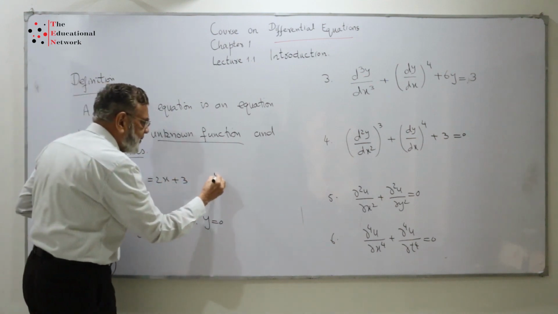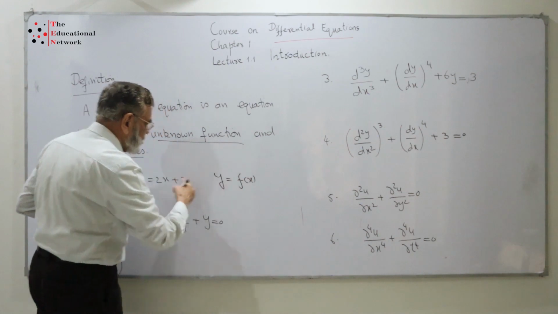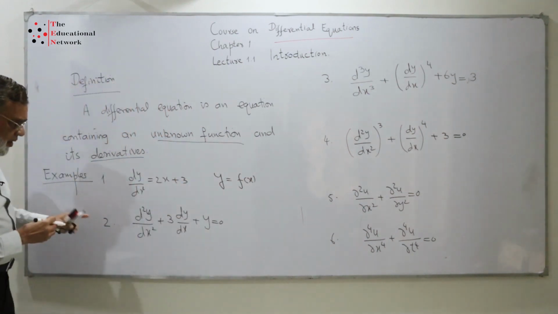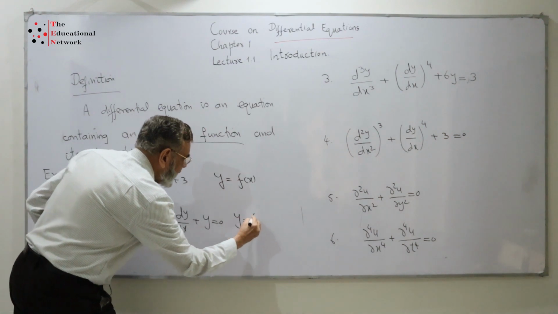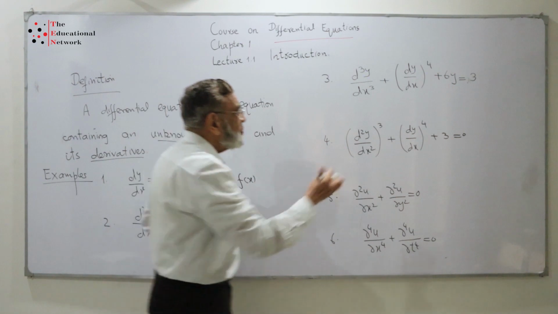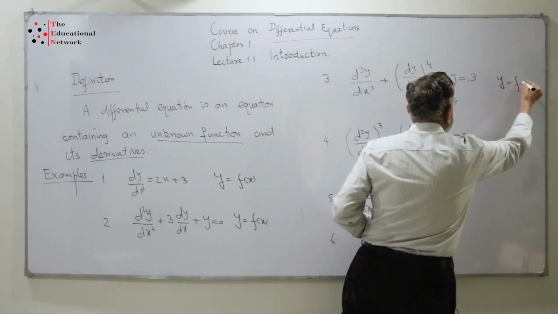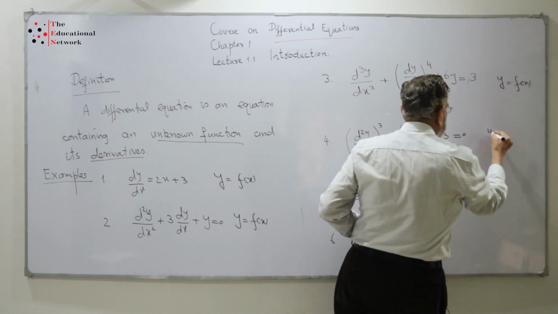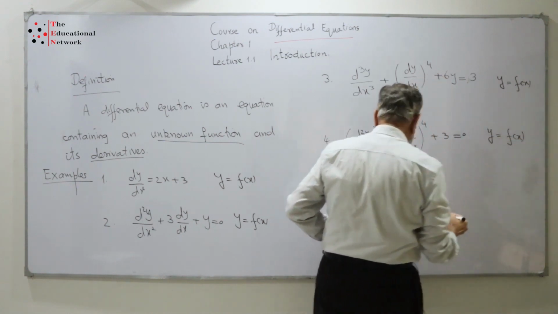Here y is a function of x, a function of one variable, and the solution is a function of x. Again here y is a function of x, and also here y is a function of one variable. Here x is the independent variable and y is the dependent variable.